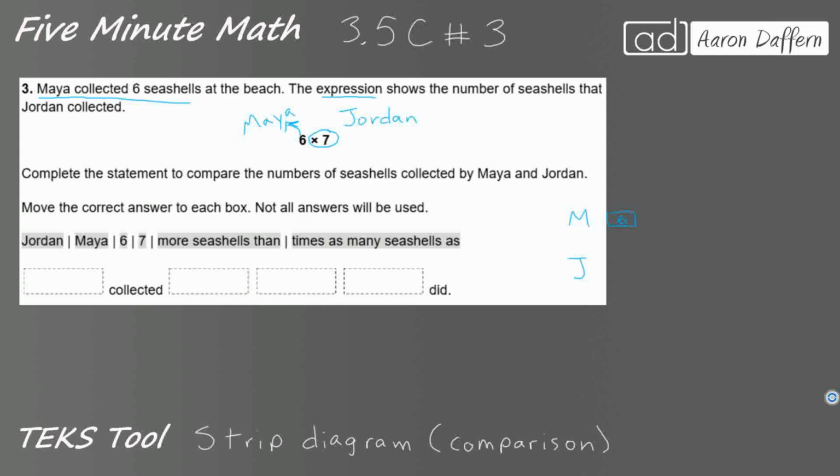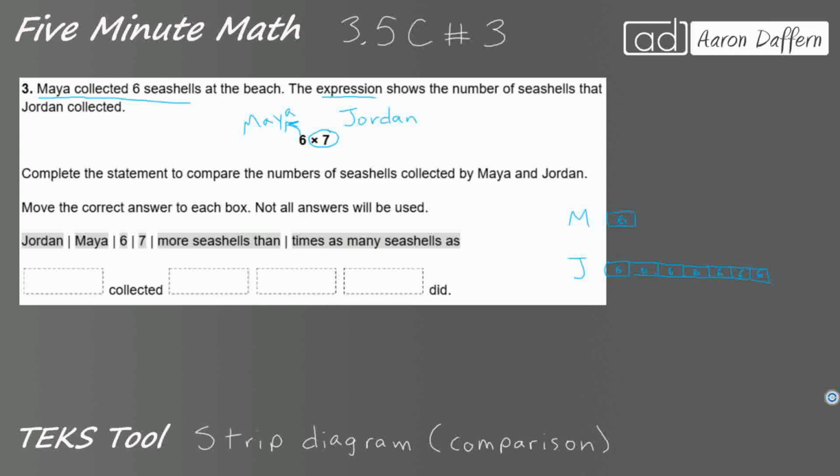So if my unit is six, I'm just going to draw it like this and represent it 1, 2, 3, 4, 5, 6, 7. So Jordan is going to be seven times as much as Maya.